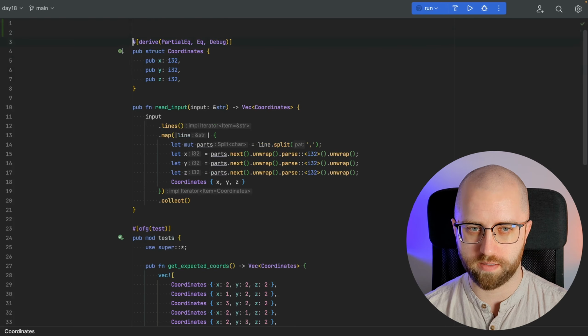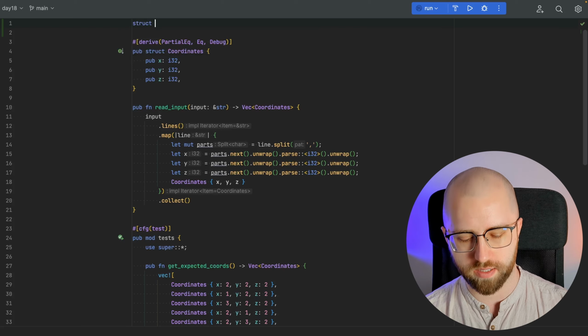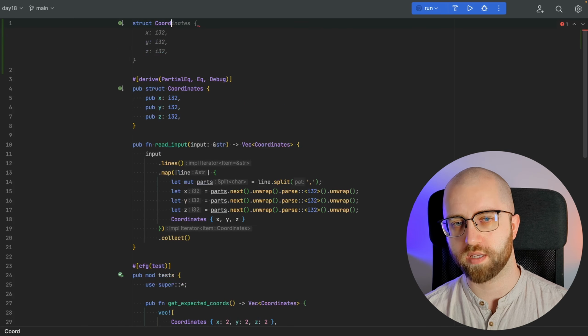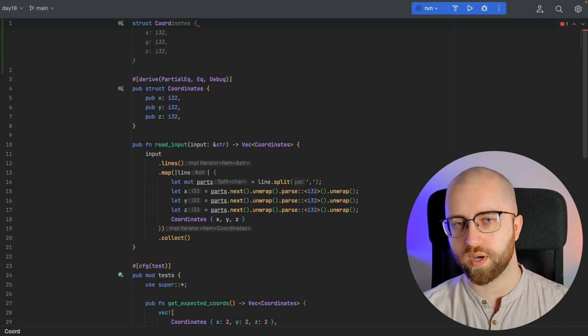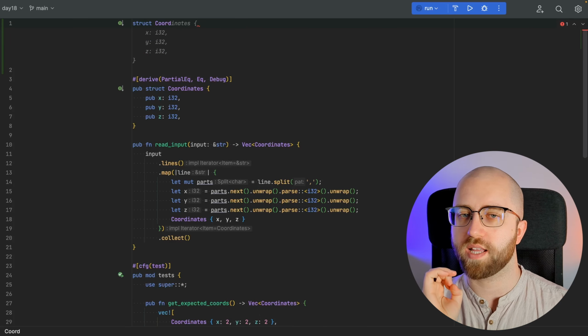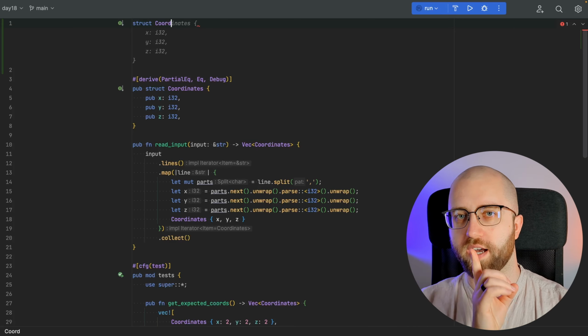When I started this solution, what I started to write was really struct coord, right? And as you can see, even now, GitHub right away understands that I need coordinates and that I need X, Y, and Z axis.